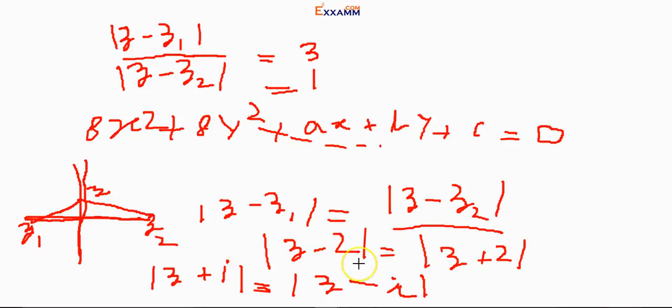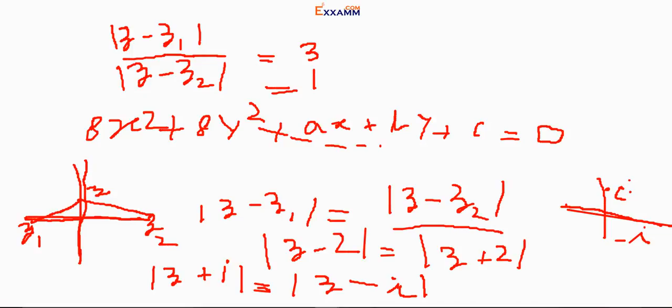In that case, the perpendicular bisector of the line joining minus i and i would be our x-axis, like this. So here this point is i, and this point here is minus i. So this is the perpendicular bisector, and this would be the x-axis.